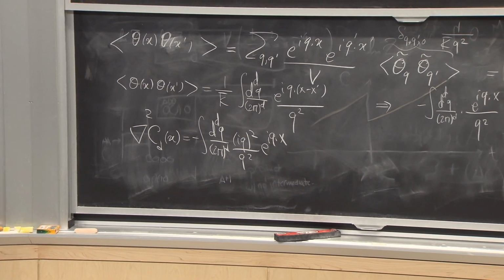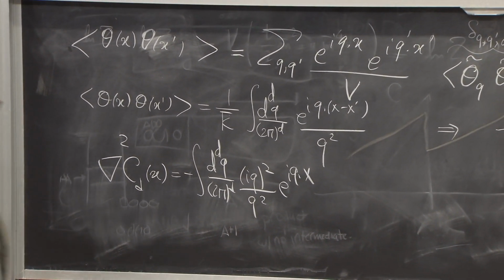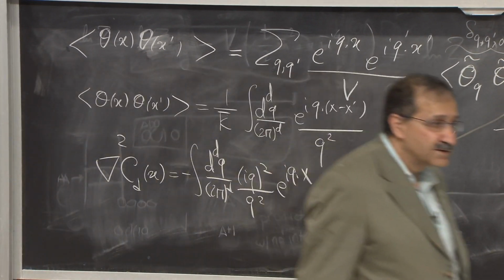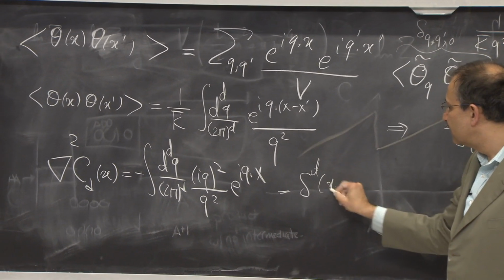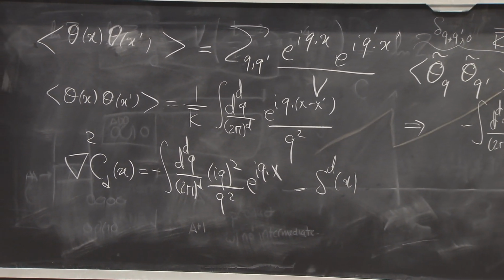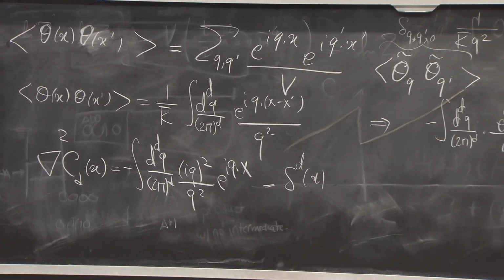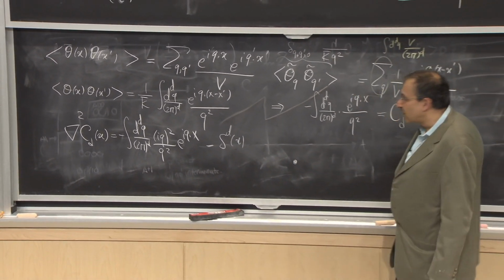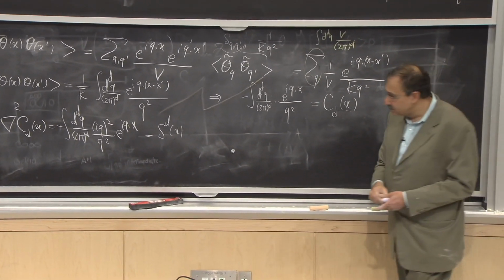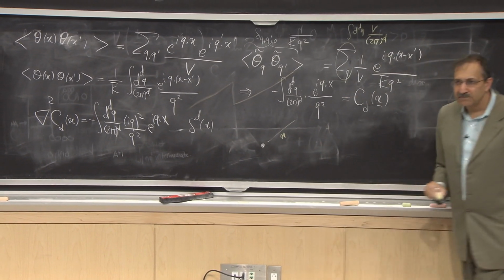The minus sign disappears, q squared over q squared goes to 1. Fourier transform of e to the iqx is simply the delta function. So this C_d of x is the potential that would emerge from a unit charge at the origin at a distance x. Okay?